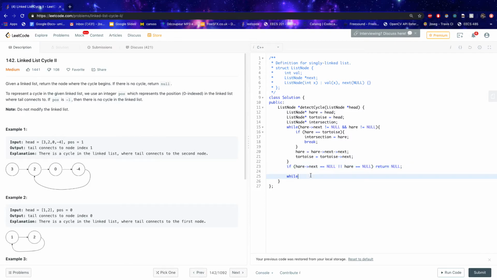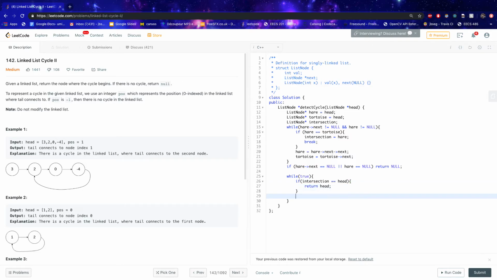Okay, right. So then, now we could just say while true, really, because we know that there's a cycle at this point. So if intersection equals head, return either, it doesn't matter.